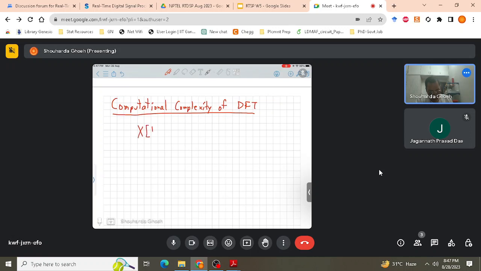So, just a trivia before I talk about this computational complexity. You look at this DFT equation. What do we get in this DFT equation? X of k is summation over n equal to 0 to N minus 1 x of n e to the power minus j 2 pi upon N k n.